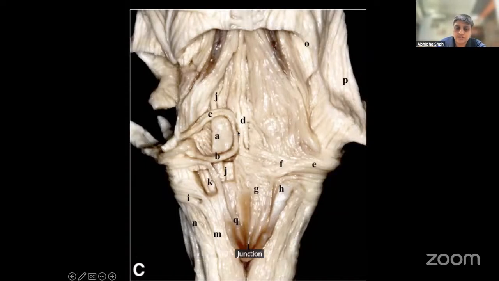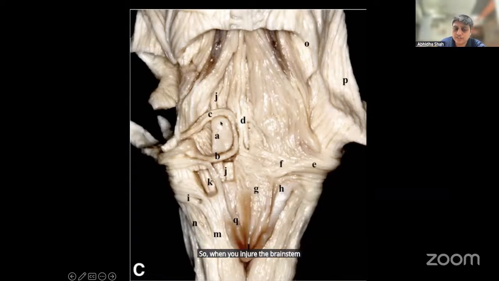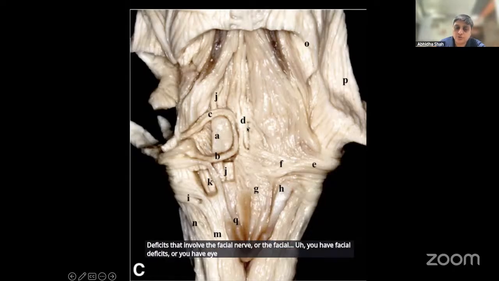See how close it is to the MLF. So when you injure the brainstem in this region, you always have facial deficits or eye movement deficits, and because you damage the MLF, you will also have gaze paresis. So this is the facial colliculus.